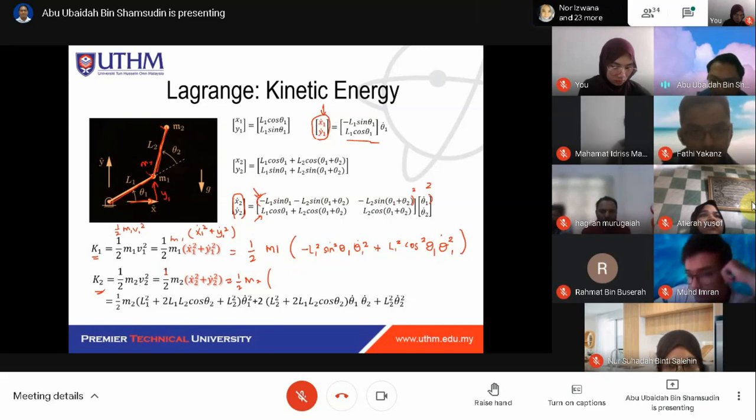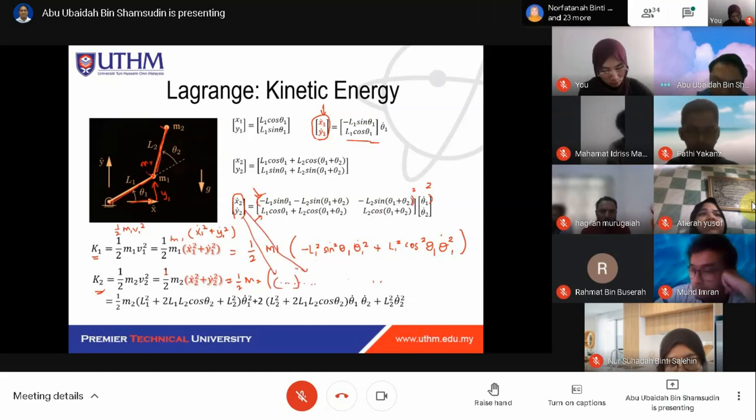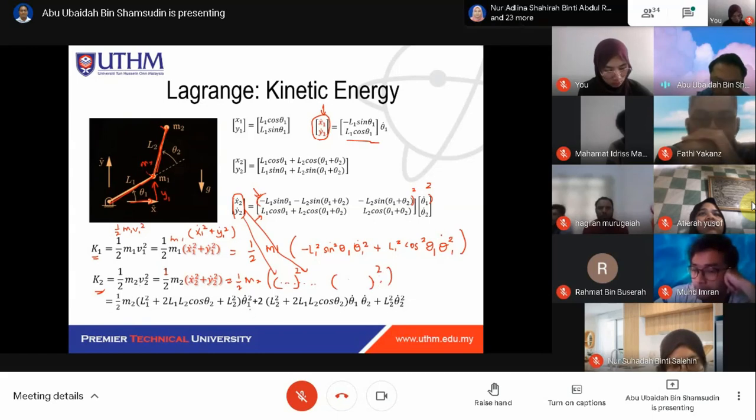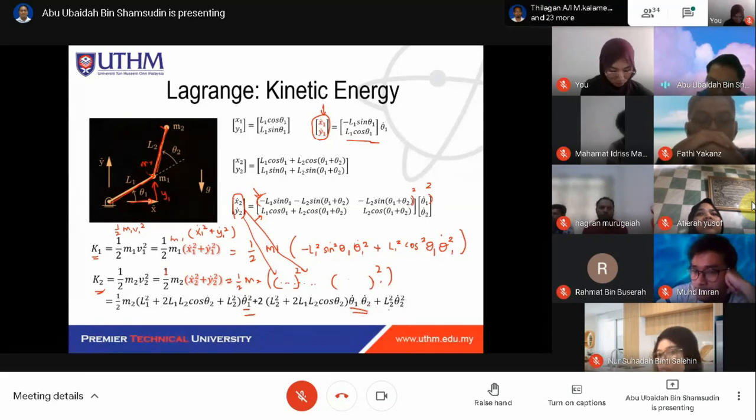So there's a lot of calculation, but after you fill in all that value here, this one and this one, and you need to power by 2, you can divide. So anyone that has x1 dot power by 2 and anyone that has x1 dot and y dot, theta 2, theta 1 dot and theta 2 dot will go here, and theta 2 dot power by 2 will go here.